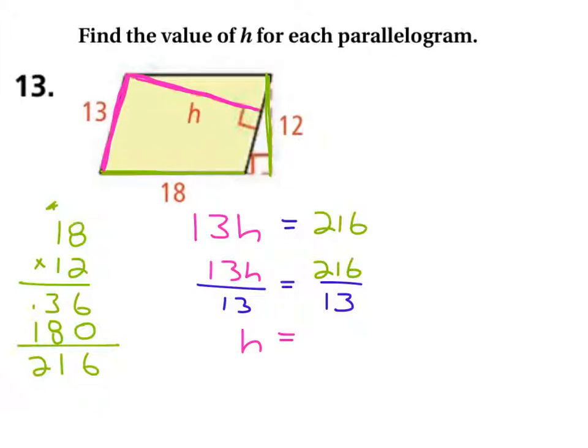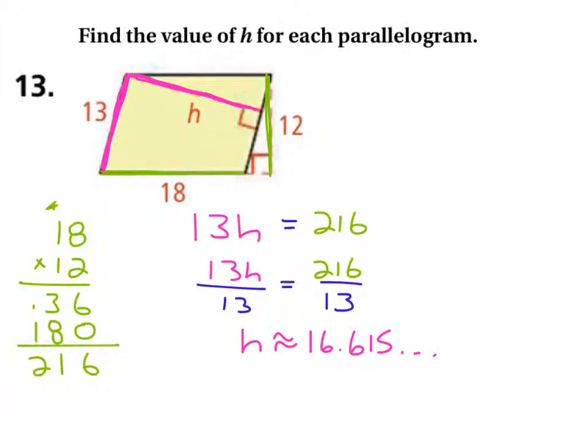I'm going to write that down as approximately equal to 16.615, blah, blah, blah. Okay? That's not what we want to have as an answer, though. Let's do an exact answer, and I'm going to show you how.